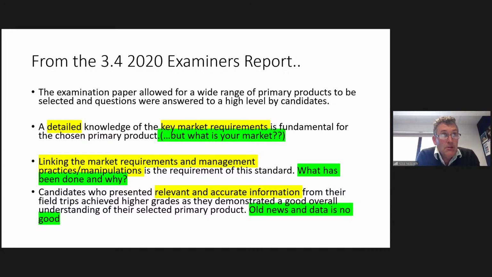Whilst you may be going in with a very clear idea about what primary product you're going to choose, read the questions and start making little notes of the key data and key facts that are going to be relevant when you are answering. As the examiner has said, there is a wide range of primary products that can be selected, so make sure you make the most appropriate selection based on what you've studied, but also based on the questions that have been asked.